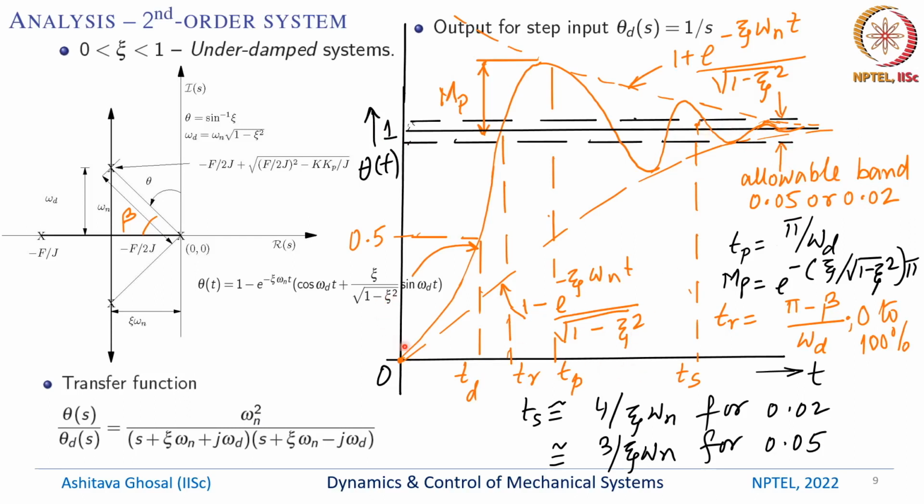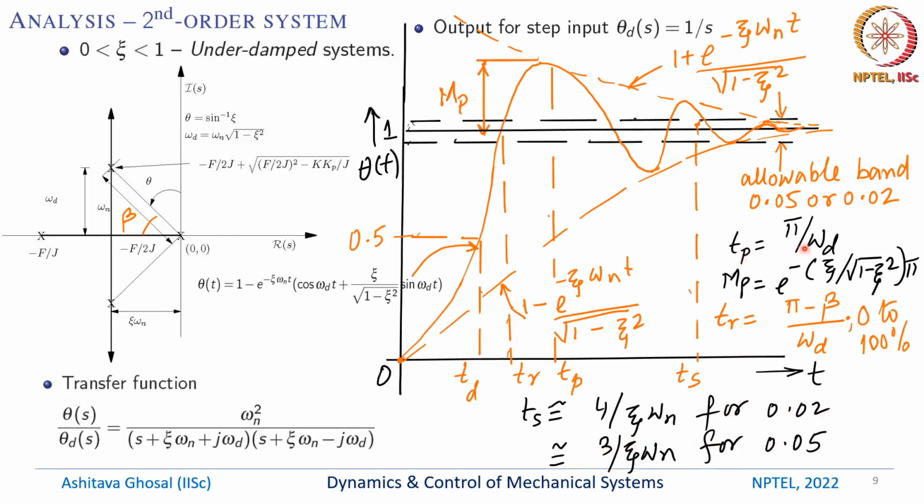The curve of theta of t, once it enters this band the first time and does not leave this band, because it keeps oscillating and slowly dying down, that is called the settling time. So for a band of 0.02, you can show that Ts is 4 divided by psi omega n. For a band of 0.05, it is approximately equal to 3 divided by psi omega n.